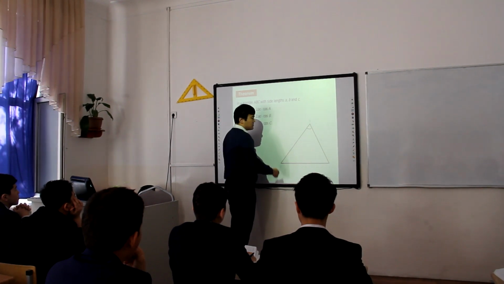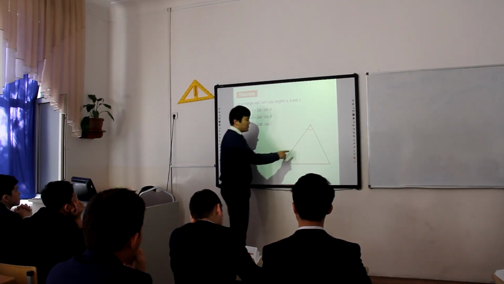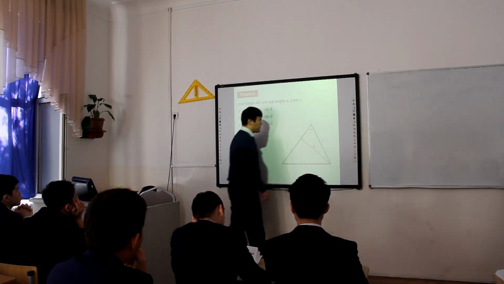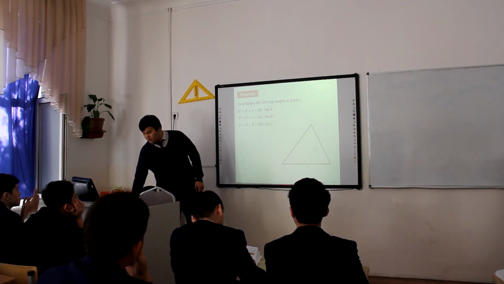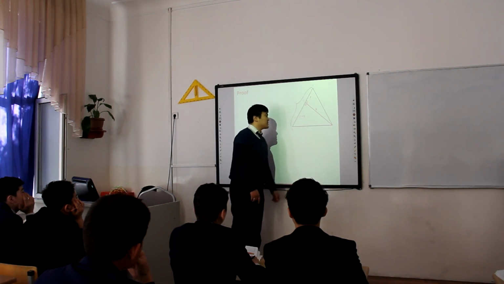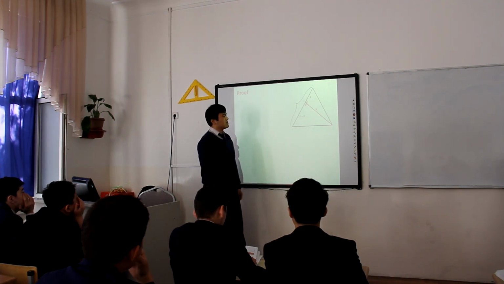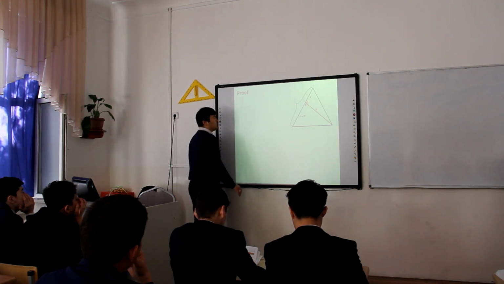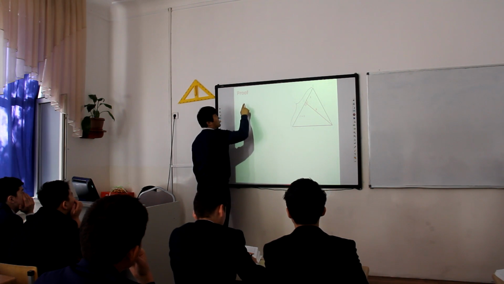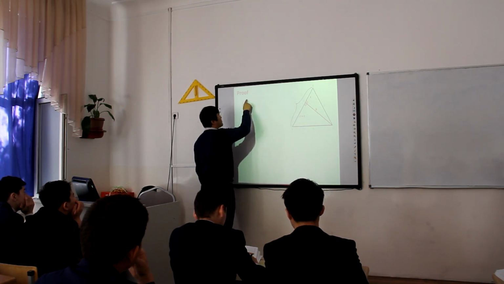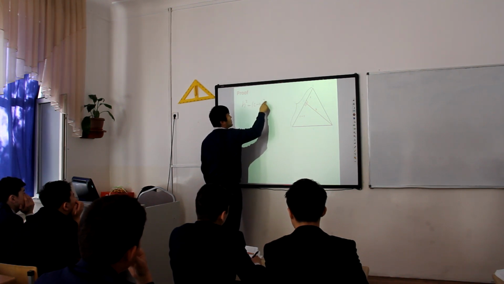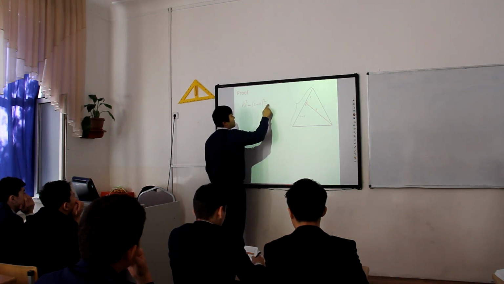To prove this, we must draw a height h to this side. Let's write a new page and prove it. First, we take h squared, the Pythagorean theorem. Here h squared plus (c minus x) squared is equal to a squared.